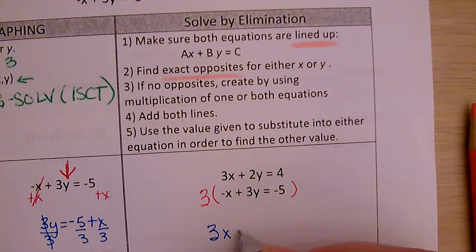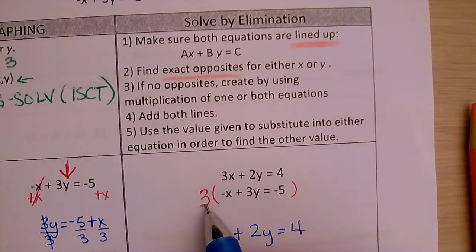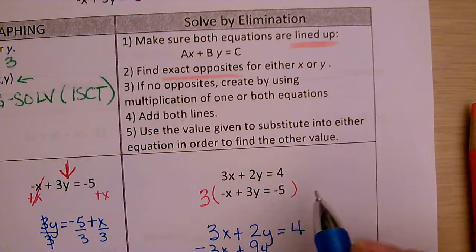So I'm going to take the first equation and just copy it. Now I'm going to take the second equation and multiply 3 times -1, that invisible 1, 3 times 3 with the y, and that one's still positive, and 3 times -5, that's -15.